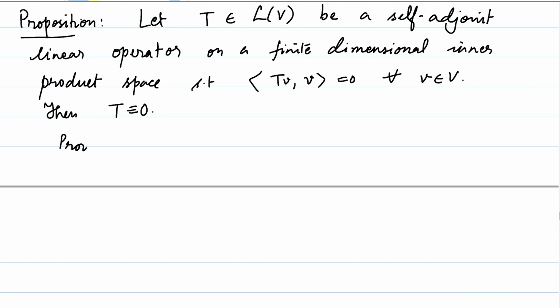We will assume without loss of generality that V is a real inner product space, because in the case of complex inner product spaces we have already done this. Assume that V is a real inner product space.